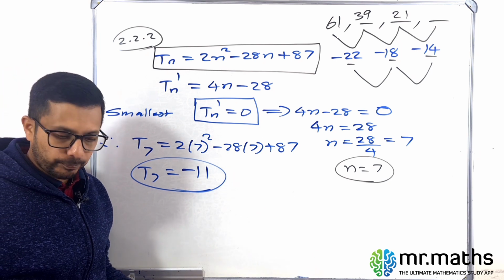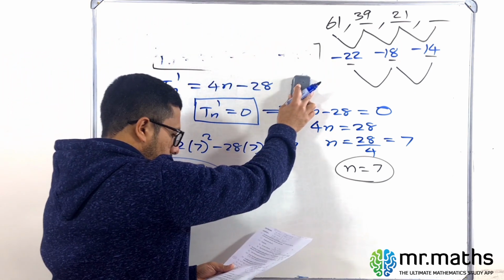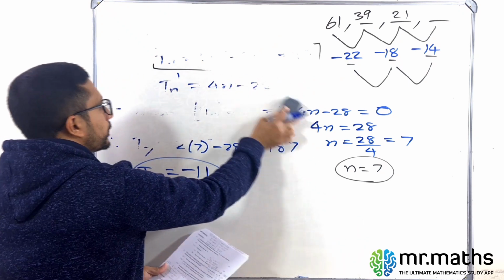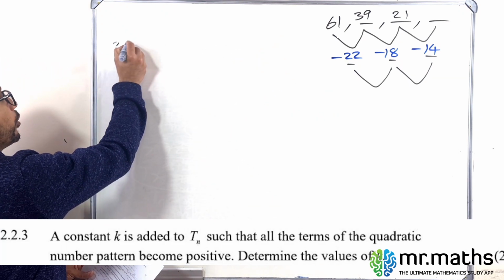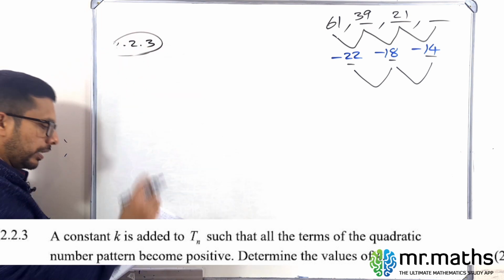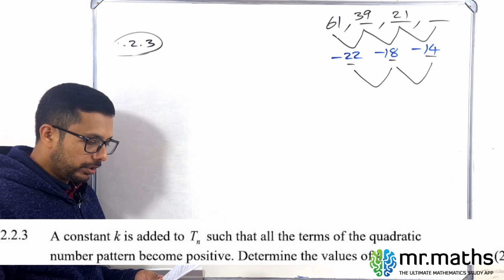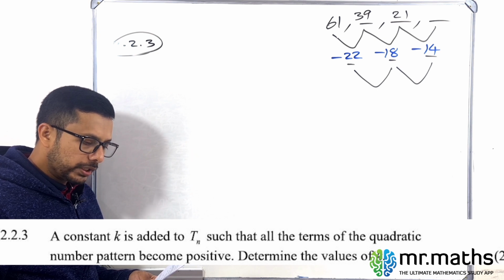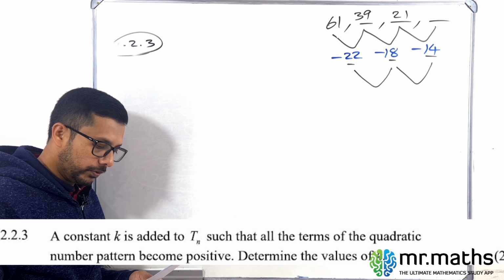You understand? Okay, now let's move to the next question, question number 2.2.3. What is that question? A constant k is added to Tn such that all the terms of the quadratic number pattern become positive.